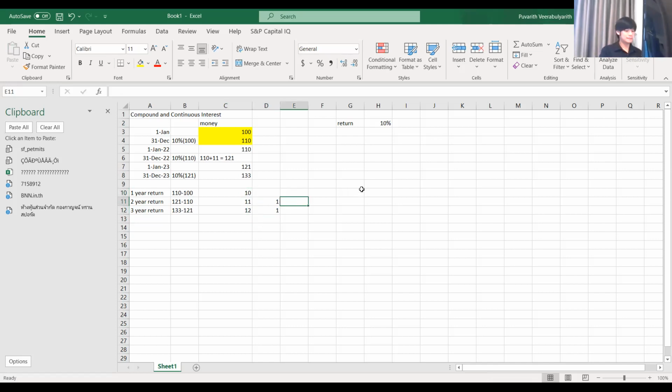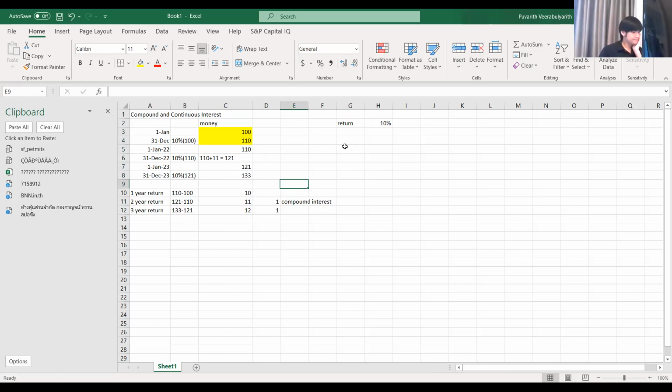So this is called compound interest. This is the simple concept that if you invest the money and you keep it there and wait for the return each year, this money will grow, but not grow steadily, it will grow exponentially. So I hope this is clear for you.